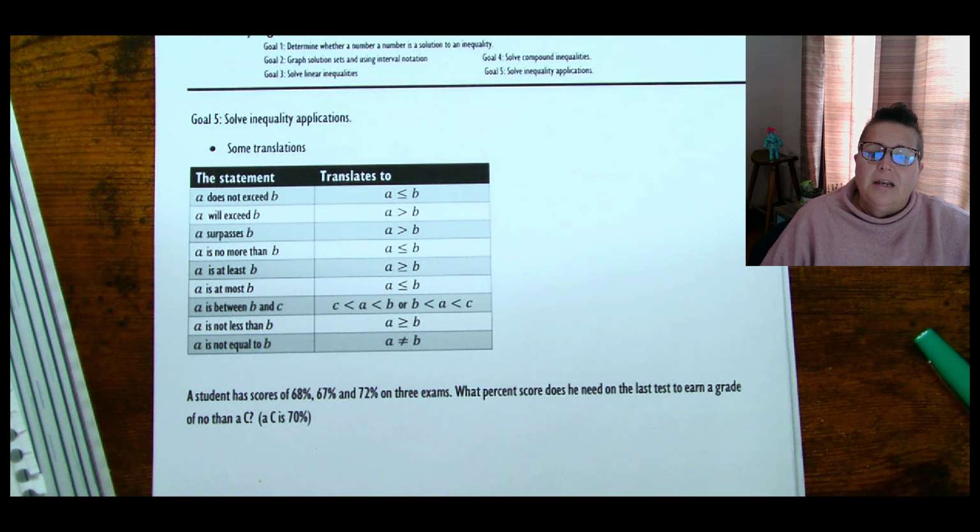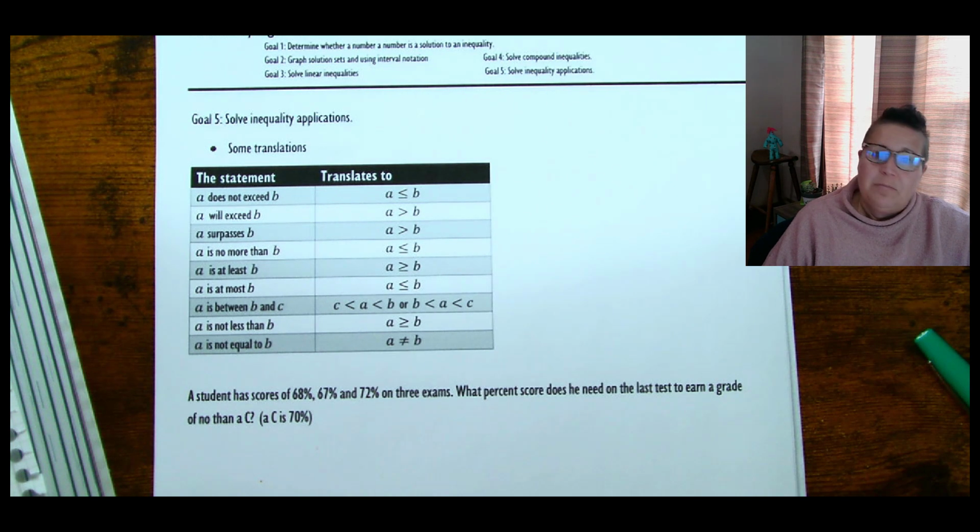A is not equal to B means it can't be either. It's either going to be bigger or it's going to be less. It's just not going to be equal.